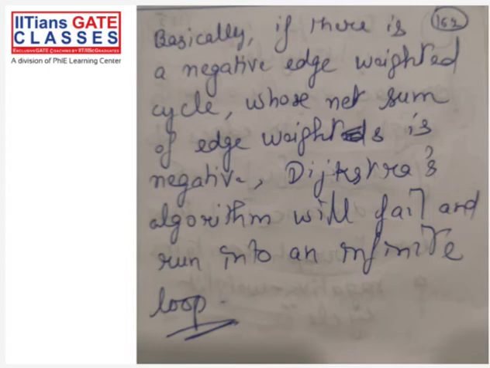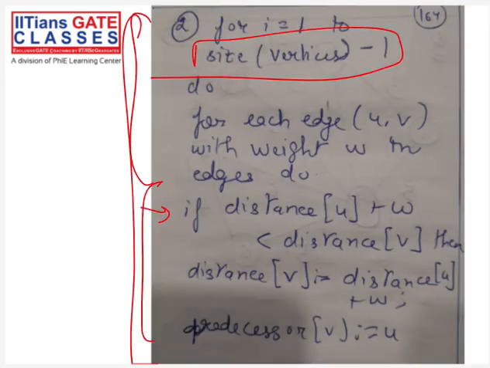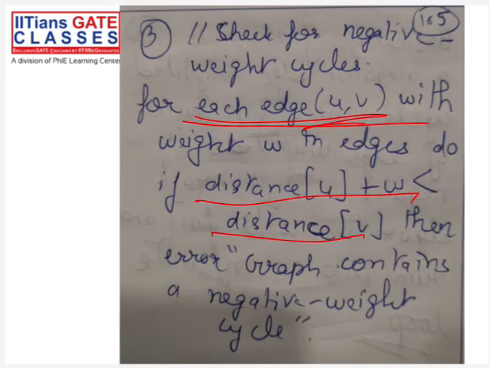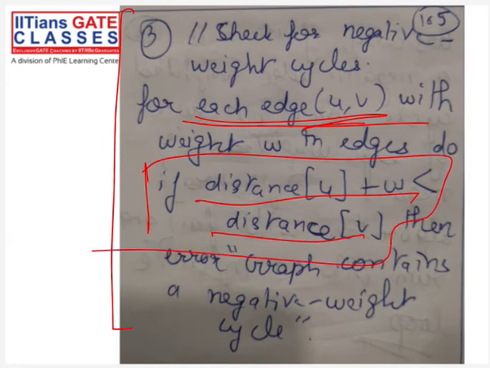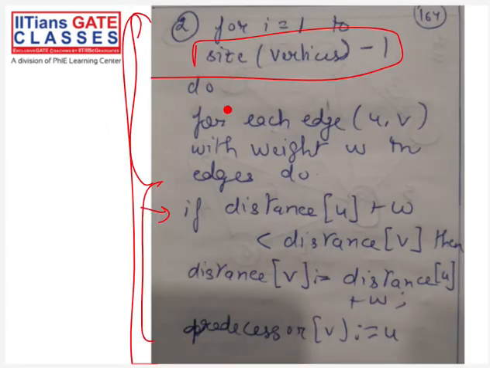Right? So this is what is happening, and I hope the Bellman-Ford algorithm is also clear. So in this algorithm you limit the number of iterations that are happening. This is the extra part that we are doing. For every particular edge, you will check if some weight still satisfies this condition. Because when you keep on running this, it will happen that a few of the edges are coming out to be negative.